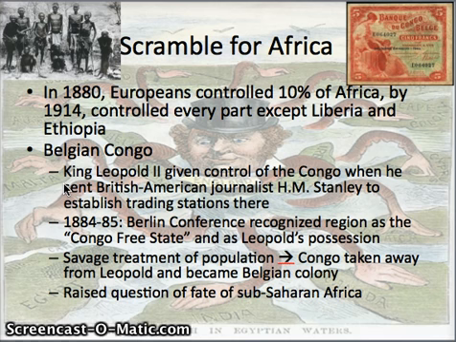What happens is that H.M. Stanley, when he's there, signs these kind of sketchy treaties with African chiefs. These African chiefs really don't know what they're signing, but effectively what these treaties do is give Leopold II control of the Congo. This is a relatively common pattern, kind of duping leaders in these areas to cede their land or their influence to European powers.